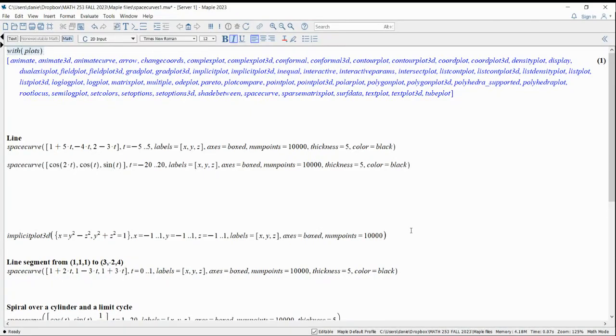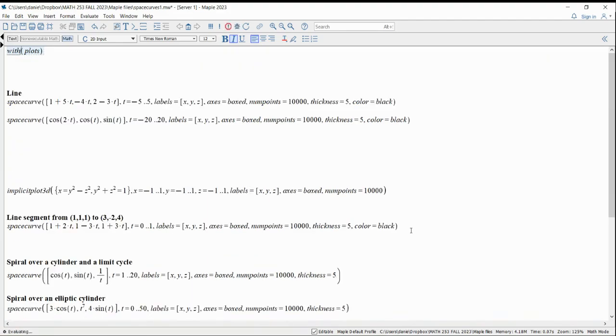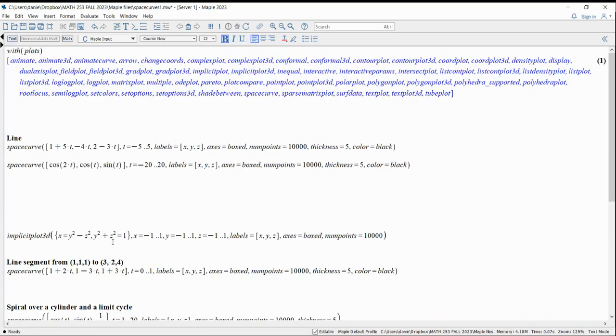All right, so let's go over the examples that I mentioned in the written part of the class. The main command that will plot a vector function in 3 dimensions is this spacecurve, which has a suggested name, right?